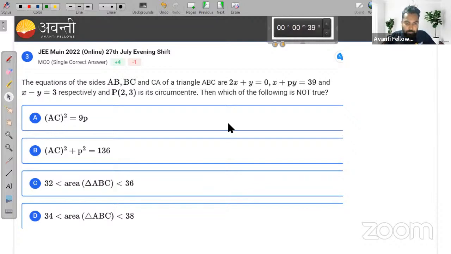Srikakulam, Varda, Class 11th, Nikhil, YouTube guys also you can answer.